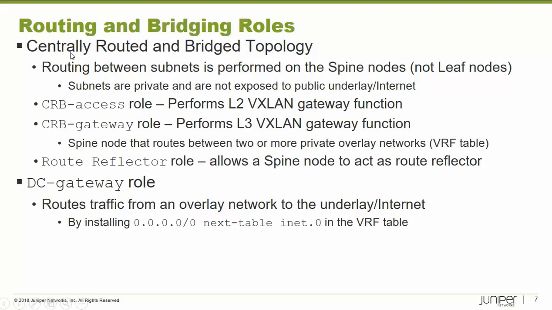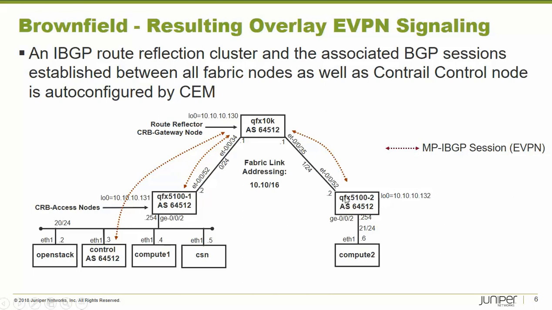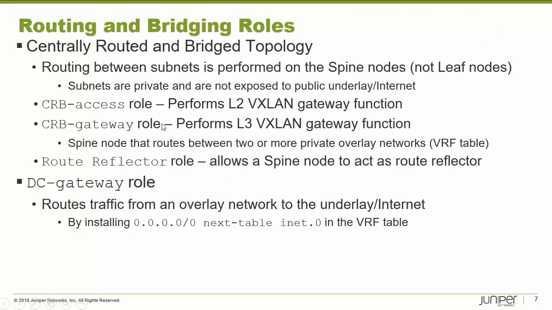So that's that topology. Eventually, we're hoping to have an edge routed and bridged topology, where routing can actually be applied here on the leafs. So these would be ERB access role nodes. But we can't do that yet. So that's what that topology is.